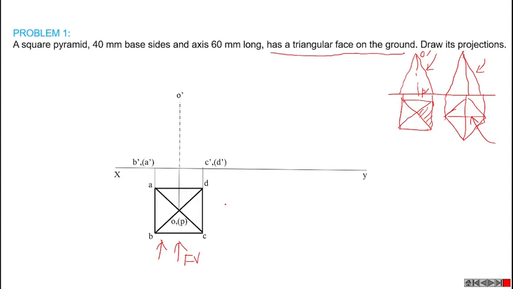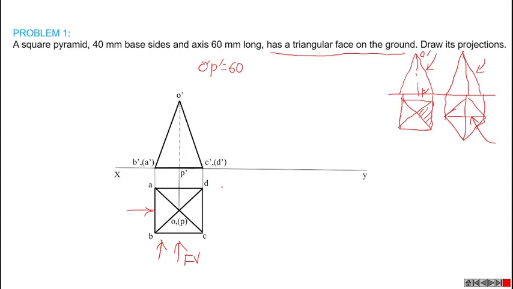That means the length of this base side is equal to 40 mm, and the axis is o dash p dash, which must be equal to 60 mm. Then we can represent that axis by using a chain line. Then we can complete the square pyramid.